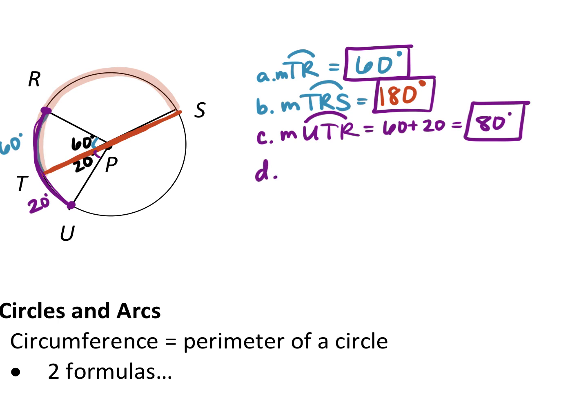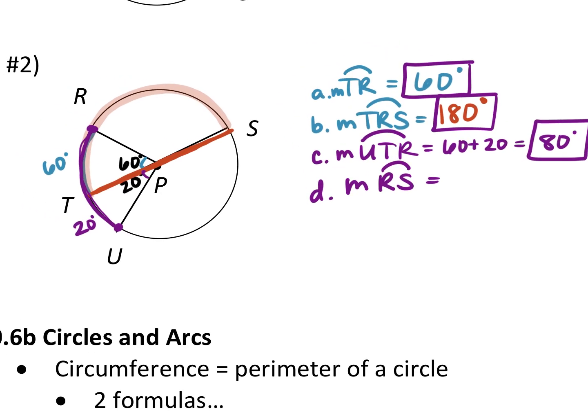Okay, last one here. The measure of arc RS. So think about where RS is. You start at R. When it's only 2 letters, what direction do you go? You go the shorter distance, right?